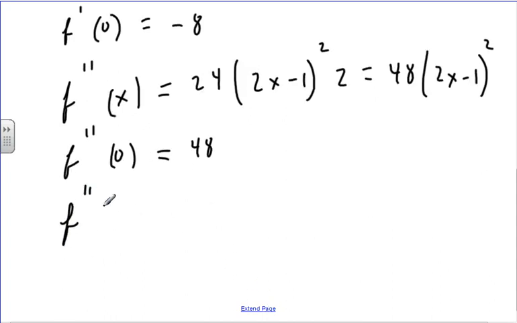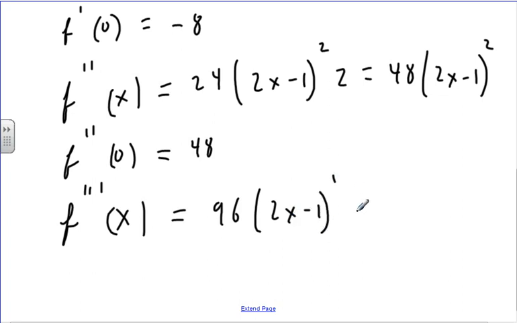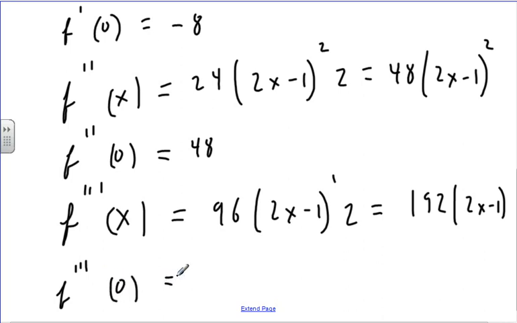F triple prime of x equals 96, 2x minus 1 raised to the 1st times 2, 192, 2x minus 1 raised to the 1st. F triple prime at 0 is minus 192.